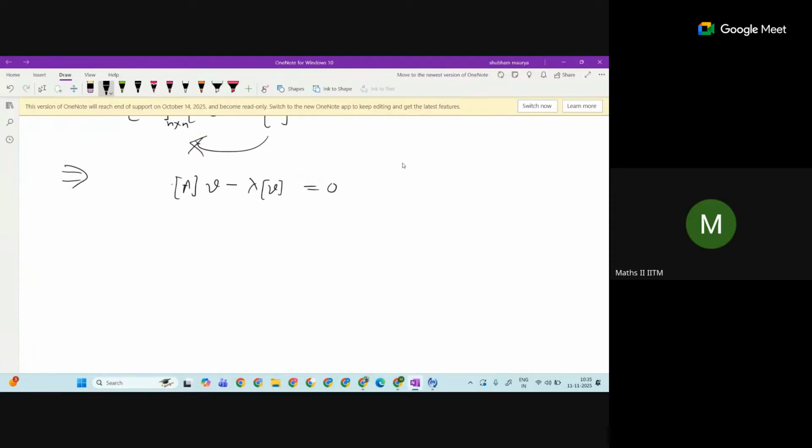Here V is nothing but identity times V, so a hidden I is there. You can take V common, and you get A minus lambda I.